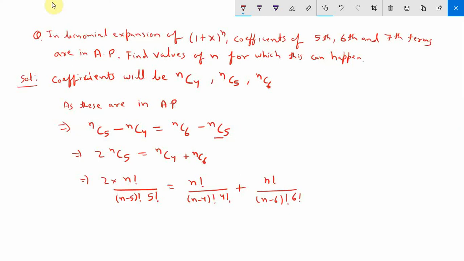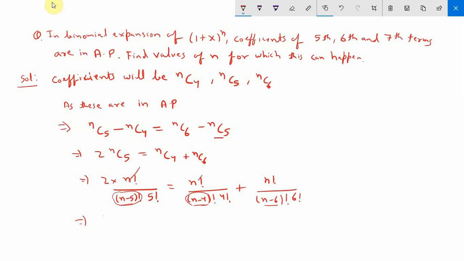Now if we see n minus 5, n minus 4, n minus 6, n minus 4 will be the largest term, and this will be the second largest. So we will break this.